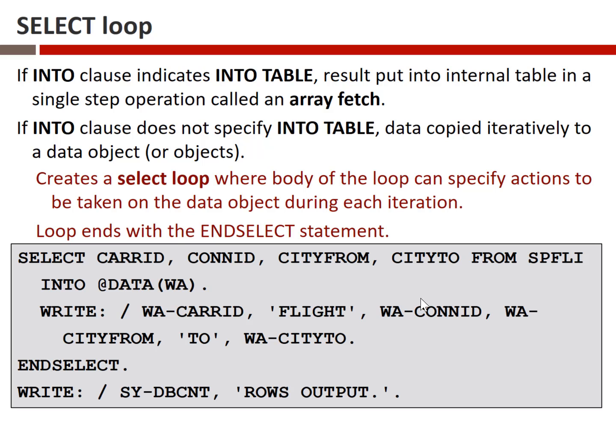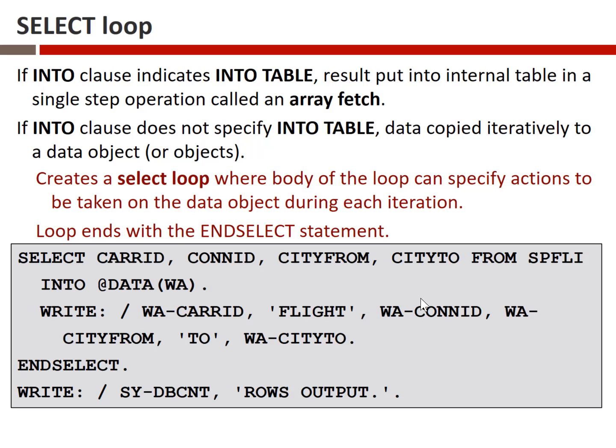I could do something like this. Select, set of fields here, from spfly into, but notice the word table is not there. So now I have a data statement. I'm dynamically creating this data object, and you can tell from what I've named it that I think this is going to be a work area.